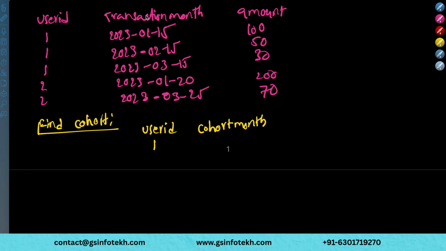For user ID one, which is the minimum transaction among these three? It's this one, so 2023-01, and I'm taking the month start date. We don't need to consider any date level. Now for user two, this is the month, 2023-01-01. So that is the first step.